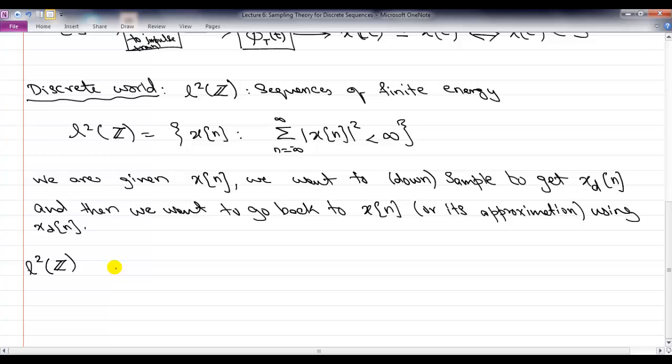It's a Hilbert space. It has all the nice properties. And inner product on this is defined as, if you are given two sequences, x and y, the inner product is simply defined as the sum of x[n] and y conjugate[n], n equals minus infinity to infinity. You can verify that it indeed satisfies all the properties of the inner product.